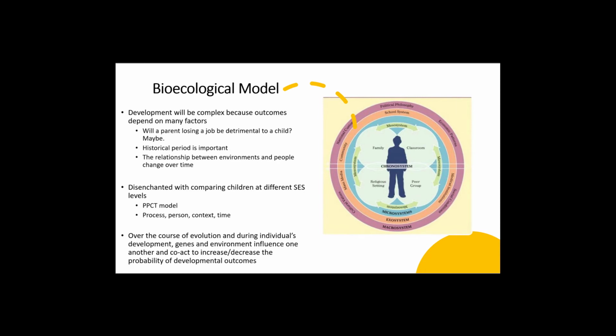So a common example is a big hurricane came and wiped out an entire city and wiped out all the schools, all the houses, etc. You have an increased probability of certain negative developmental outcomes to occur within that developmental context in that historical period.